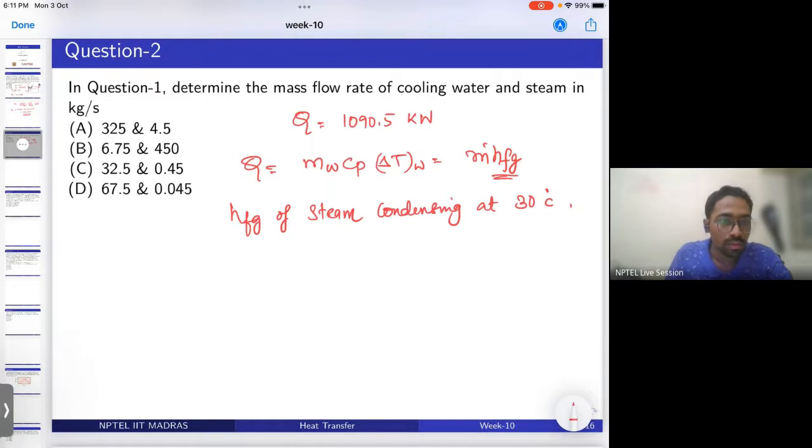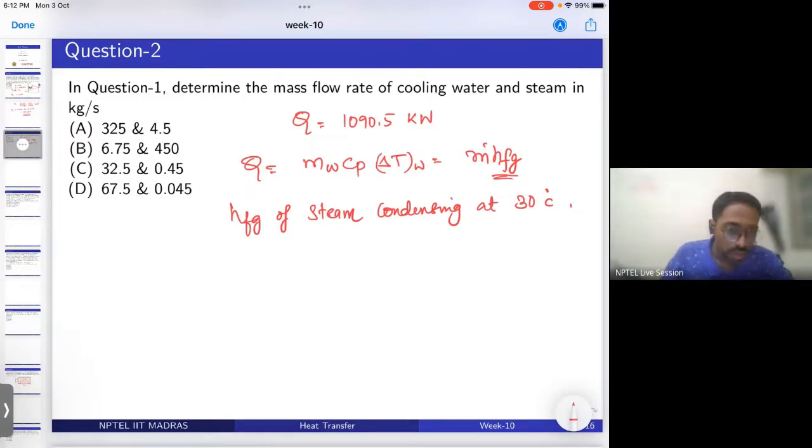It's a saturated steam, and there are a lot of sites which give the properties of saturated steam. Otherwise there is a steam table, so you can go through the steam table. So here I'm calculating from the internet.